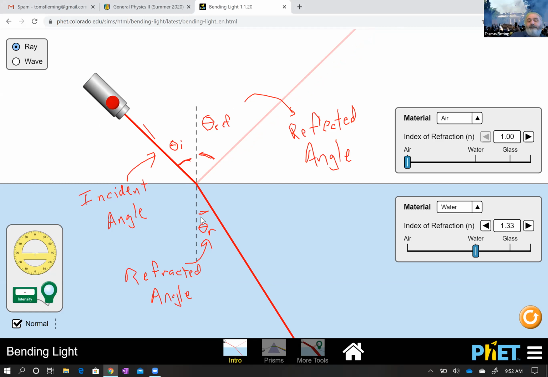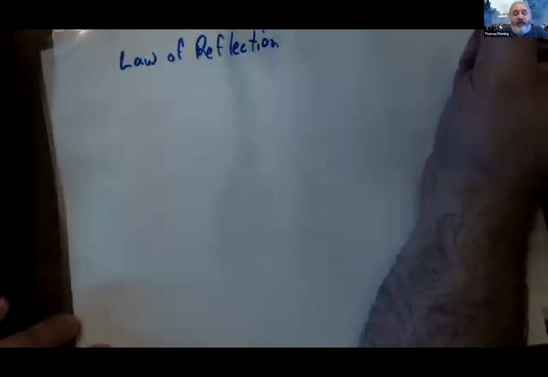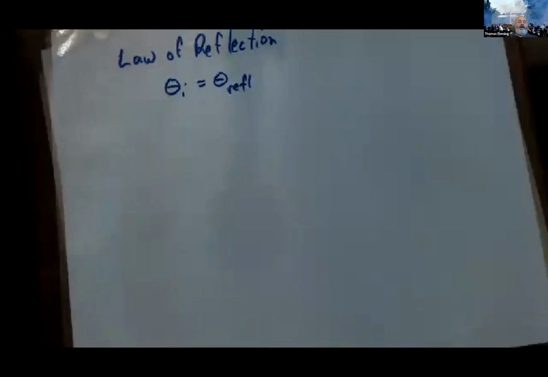All right. So let's start off with the easy one first. Let's do that reflected angle. This is called the law of reflection, and it's easy because it just says the angle of incidence is equal to the angle of reflection.